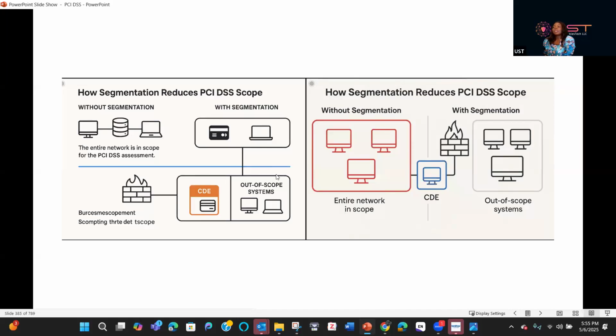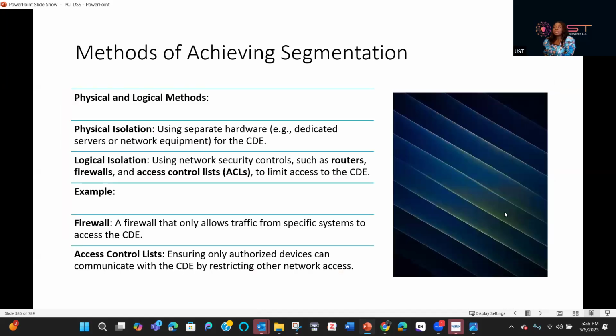And you see out of scope, because it's segmented, it is out of scope. So we have to differentiate it. If not, it means that everything has to be part of it. Likewise, you see the entire network in scope, but had we had segmentation, we do not need them; they are out of scope. I hope this makes sense.